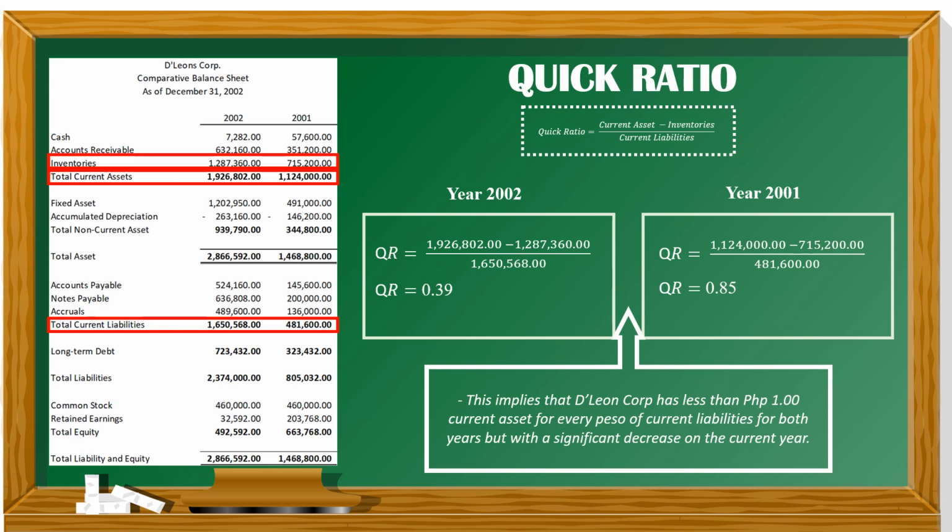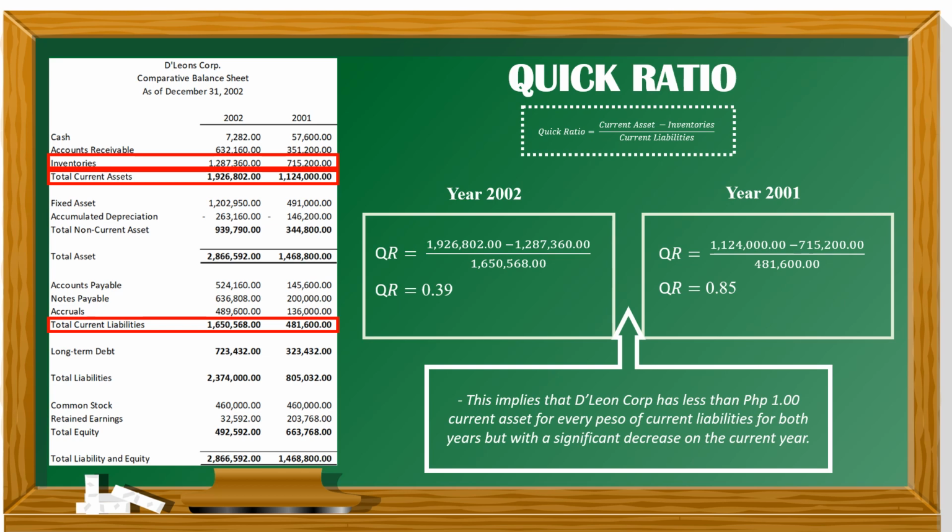Now, if you can observe, the quick ratio has a lesser figure than the current ratio, considering that the current ratio considers inventory in its computation, while quick ratio excludes inventory in its computation.